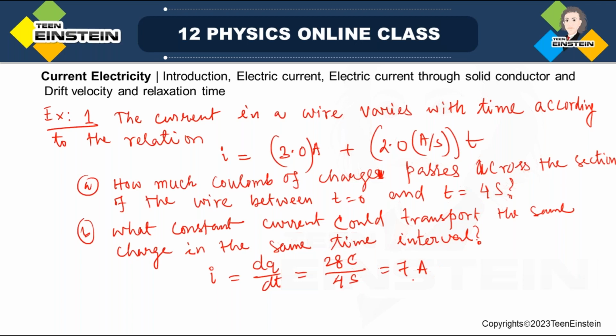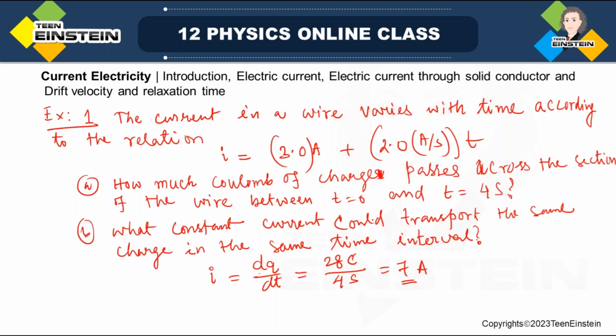If it is a steady current, then I can write dq by dt. Here that is 7 ampere. The dq by dt is 7 ampere, or the steady current which can flow during this 0 to 4 seconds and can deposit the same charge, that is 28 coulomb.